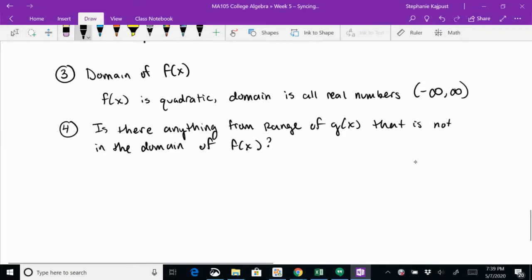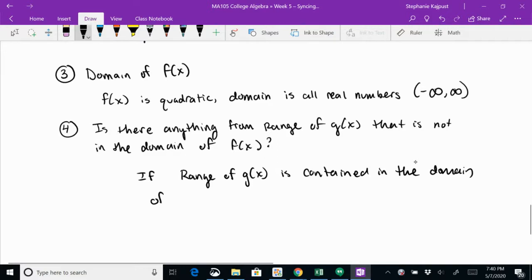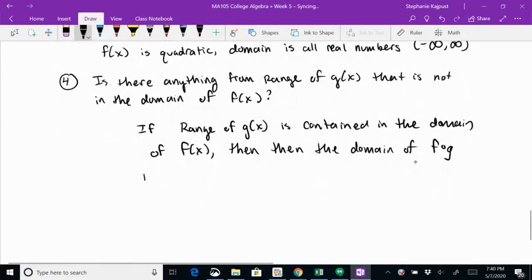If the range of g of x is contained in the domain of f of x, so if there's overlap there, that's basically what it means. If those overlap, then the domain of the composition of f composed g, which is what we're finding here, is the domain of g.